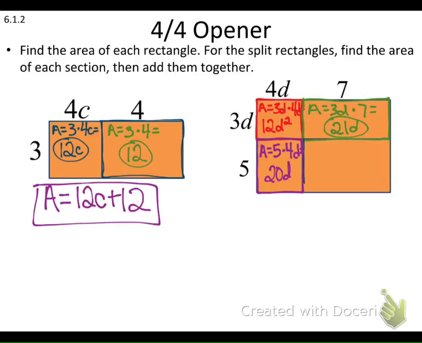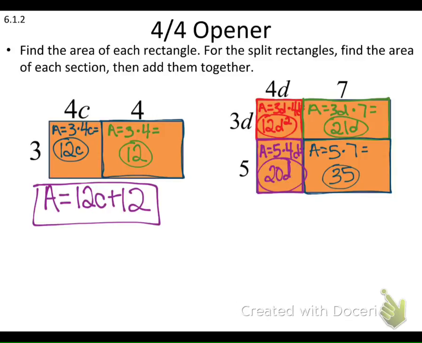And now we're looking at this last rectangle in this shape. What is my height, sorry? 5. My width? 7. Equals? 35. I'm going to go ahead and circle those so I know what numbers I'm working with here.